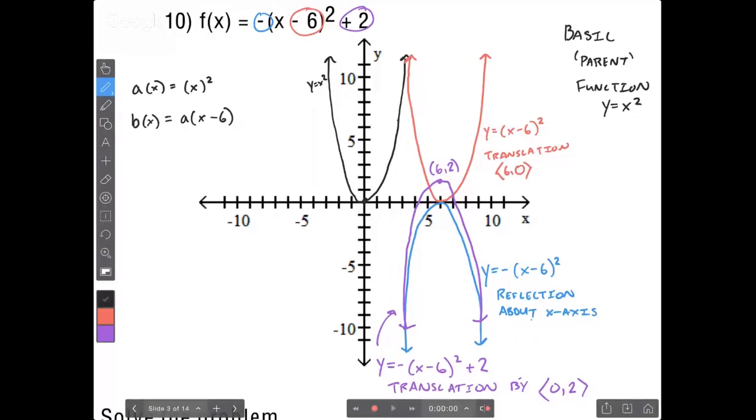And then the next piece that happened here was we had c of x equal to negative b of x. And we had d of x equal to c of x plus 2.